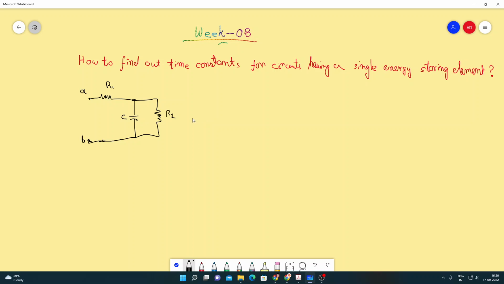This is C. So how to find out the time constant without using Laplace expressions or anything? It's very easy. This AB is, as I said, the load terminal. This is the source terminal actually. So here we can add a source. Let's say a voltage source is there.